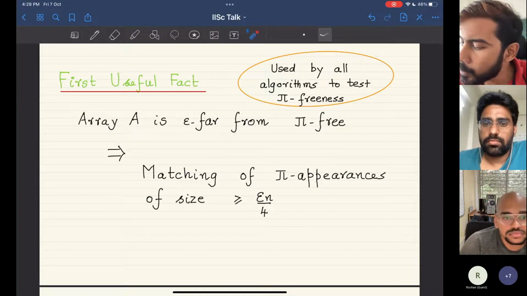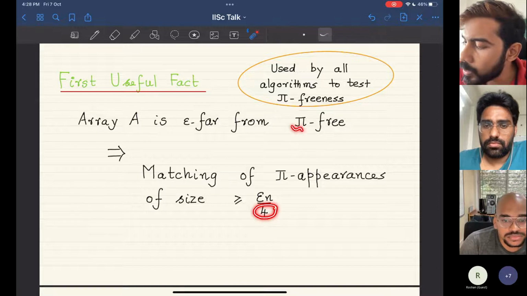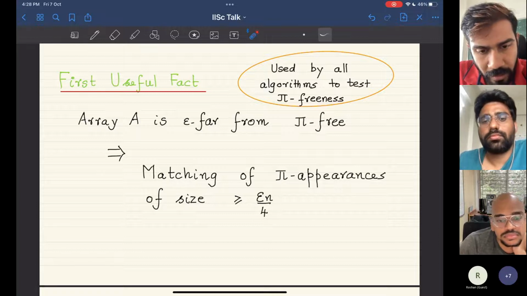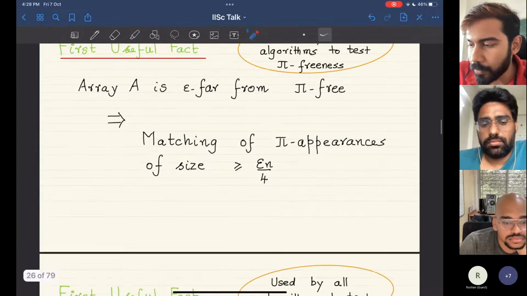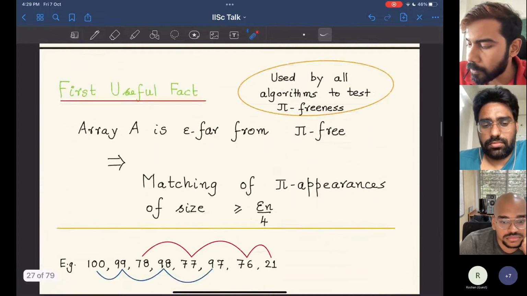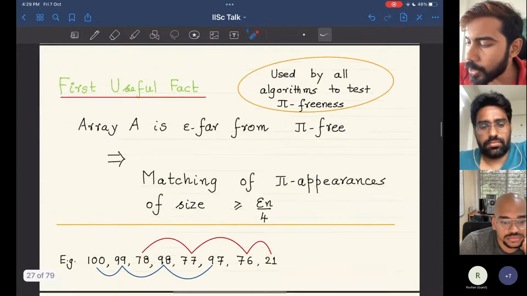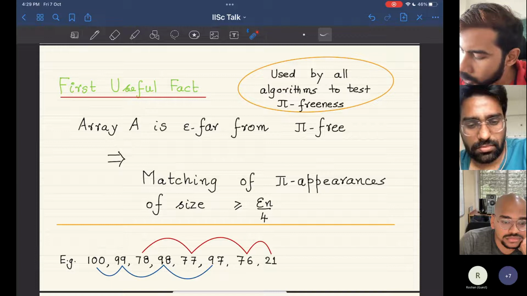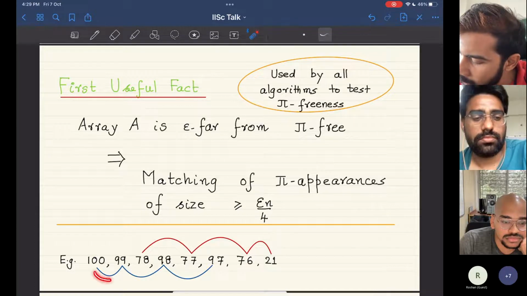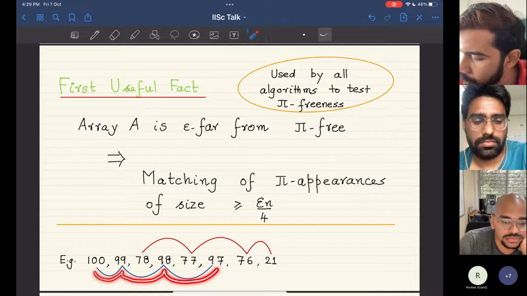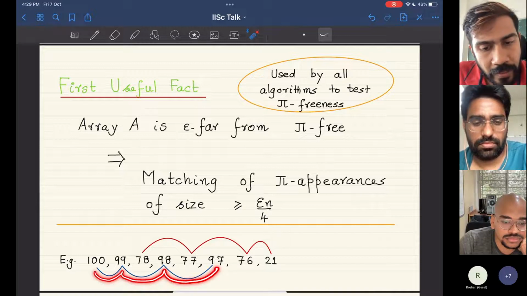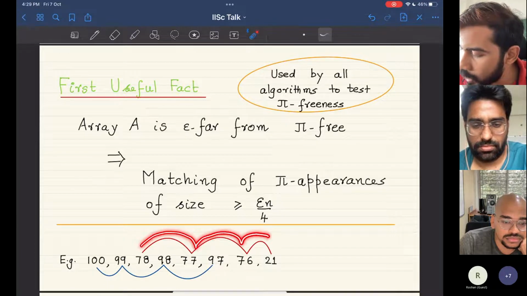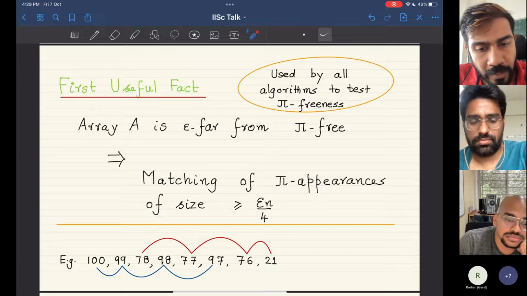So here, this 4 is because we are considering only patterns of length 4 for the discussion today. Now, what is a matching of pi appearances? If you see this array, here 100, 99, 98, 97 is a 4, 3, 2, 1 appearance. Similarly, 78, 77, 76, 21 is another 4, 3, 2, 1 appearance.